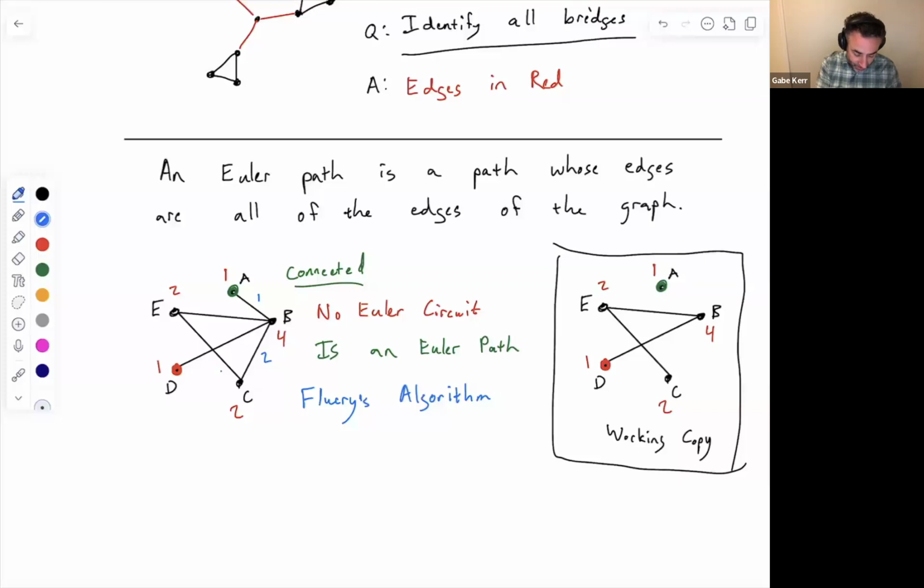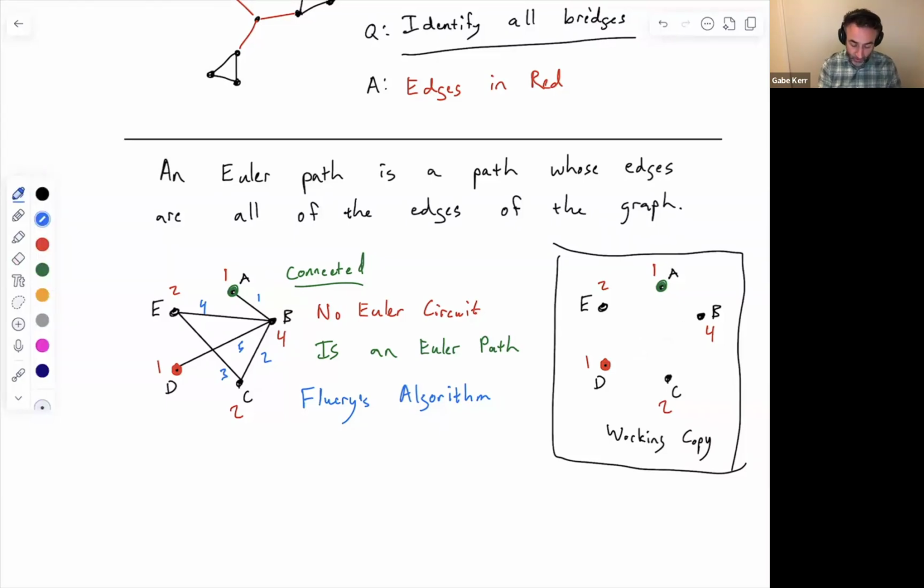I choose it, and I erase it in the working copy. Now I'm at E, but I'm at E really in this working copy. I've only got one edge. I have to choose it. I choose it. That's 4. I erase it in my working copy. Again, I only have one choice. That's 5. And so I erase it and I'm done.